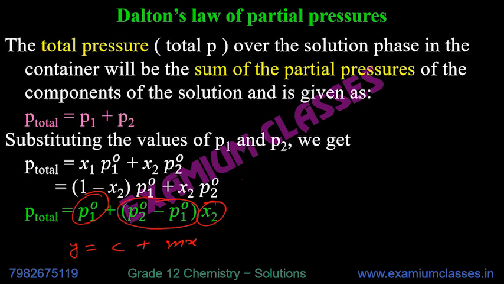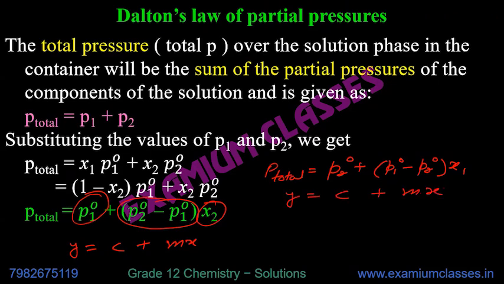Or otherwise, if you substitute x2 as 1 minus x1, then P total will be P2 naught plus P1 naught minus P2 naught x1 also. It is just whether you replace x1 with 1 minus x2 or x2 with 1 minus x1. If you replace x2, the equation will be in terms of x1. But again, it will be a straight line because it is of the form y equals mx plus c.